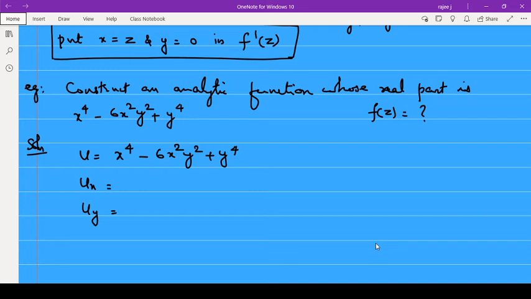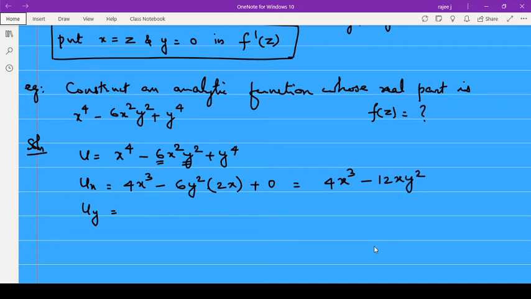The derivative of x raised to 4 is 4x cube, minus the derivative of this term: 6 is a constant, y square is a constant, so we have 6y square into the derivative of x square, which is 2x, plus y raised to 4, whose derivative with respect to x becomes 0. So we get 4x cube minus 12x y square.